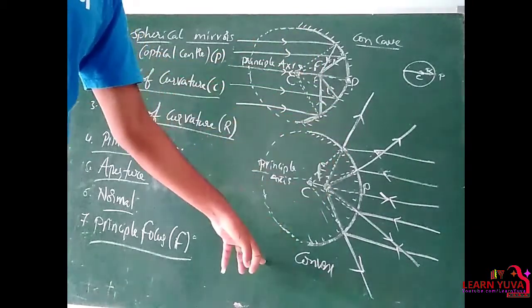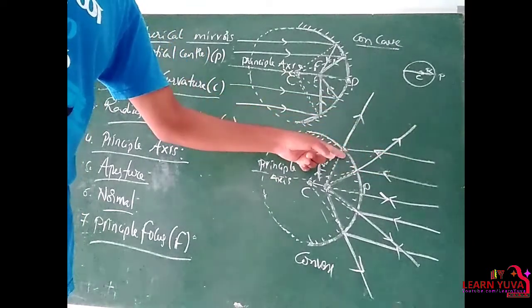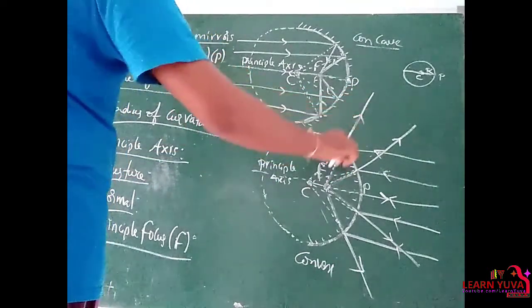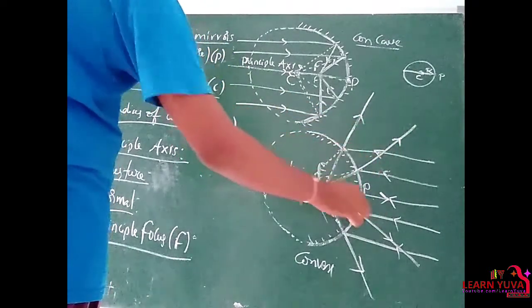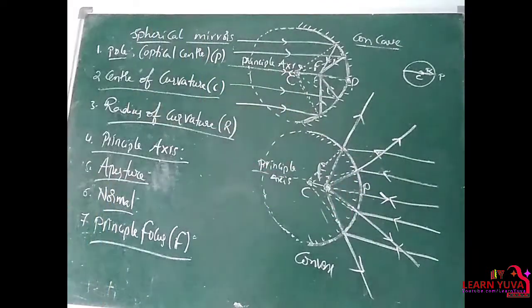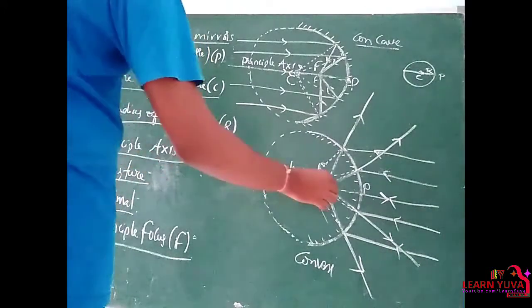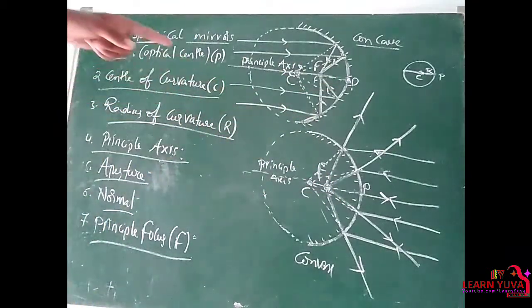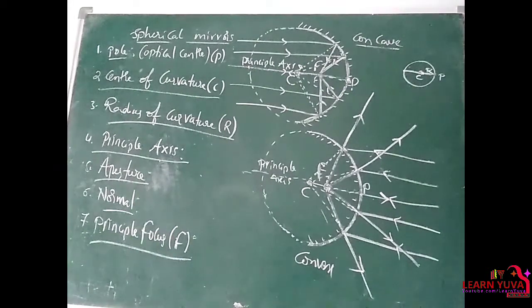In the case of a convex mirror, after the incident rays touch the mirror and get reflected, if we draw straight lines backward behind the mirror, the reflected rays appear to meet at a particular point, and this point is the focus. This focus is situated on the principal axis and is denoted by F. Clear? Next, focal length.